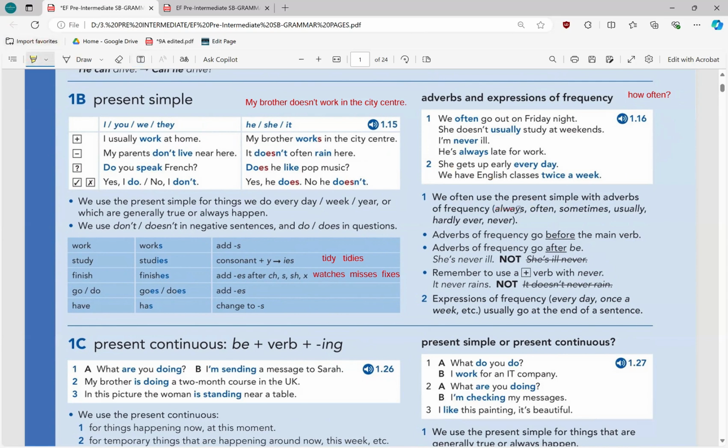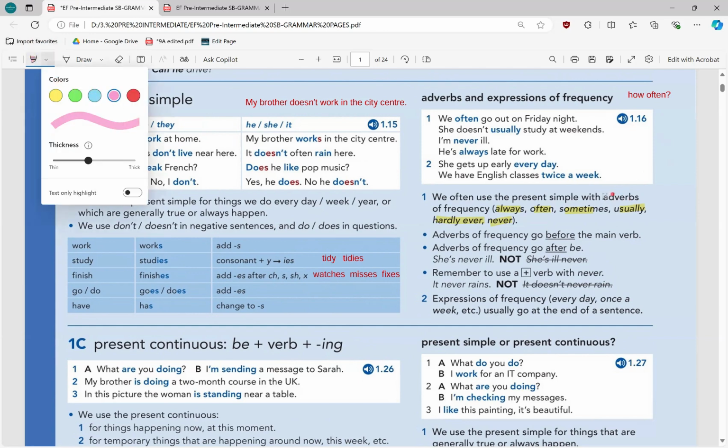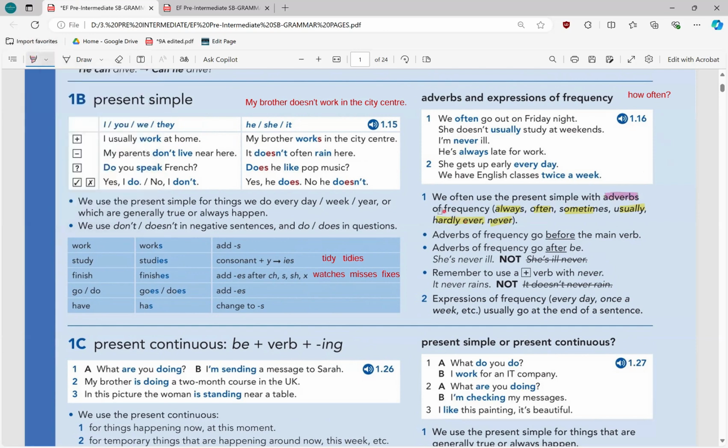We got always, often, sometimes, usually, hardly ever, and never. They are adverbs of frequency. So we're going to get adverbs of frequency, right? Maybe I can change the color. Adverbs of frequency. Okay.